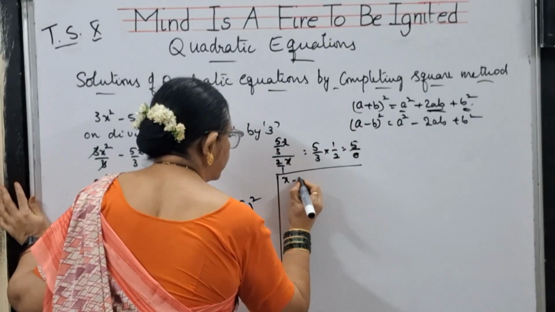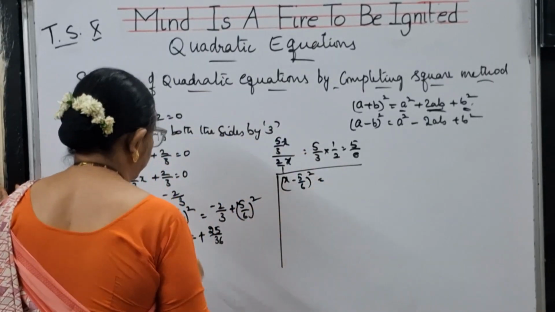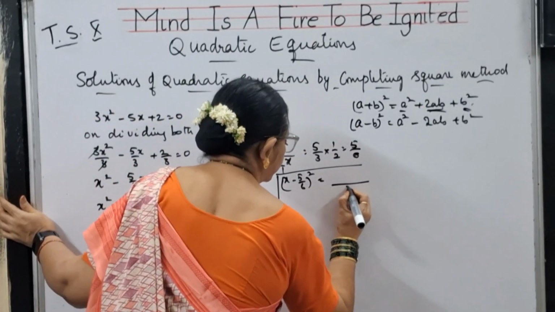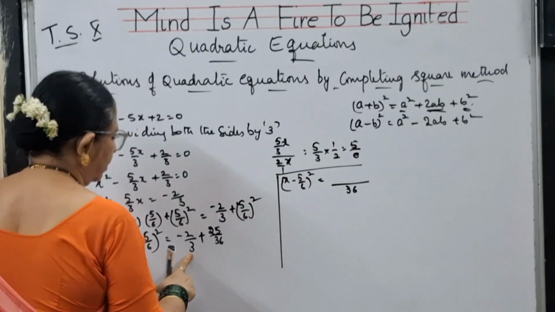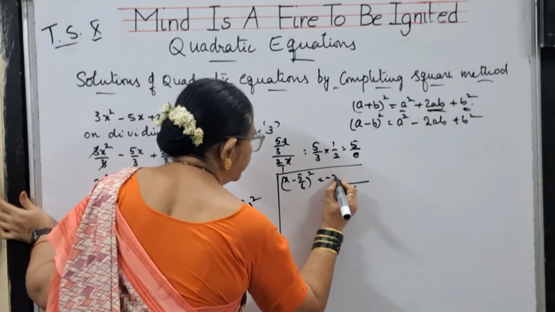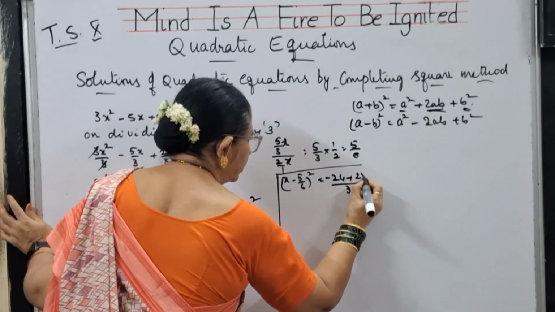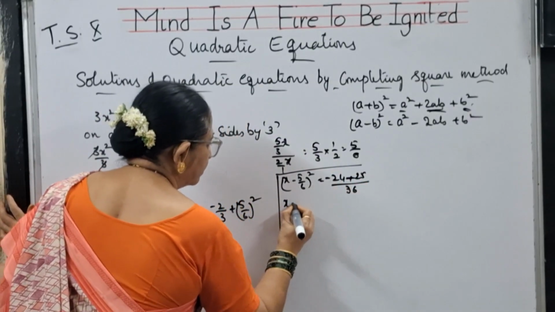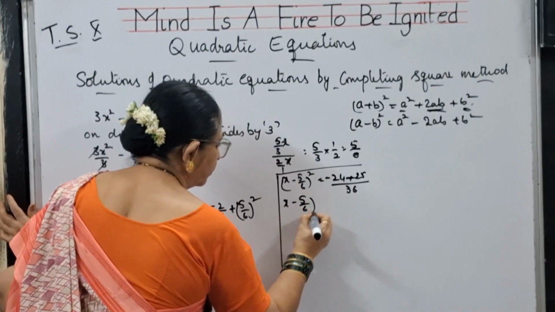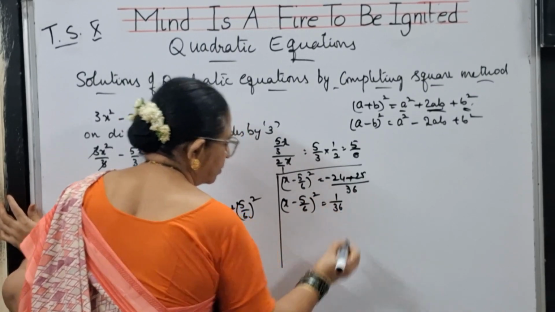x minus 5 by 6 whole square is equal to, LCM you take 36. 3 12s are 36, 12 2s are 24. So minus 24 plus 25. So x minus 5 by 6 whole square is equal to 1 by 36.